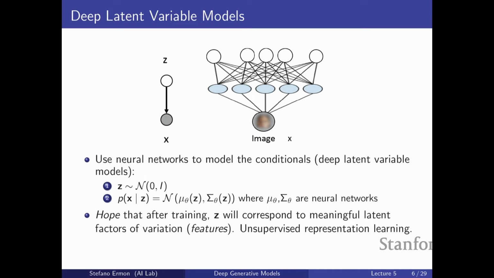And then, by inferring the latent variables given the observed X, we're hopefully going to discover interesting features that we can use to analyze the data, or to do transfer learning, or whatever you want.